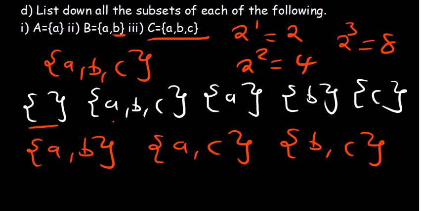We have 1, 2, 3, 4, 5, 6, 7, 8. So this is the way you come up with a subset. Just try to come up with a set containing the given elements, of course, even with different combinations. The general formula guides you and will help you understand if you're done or not.